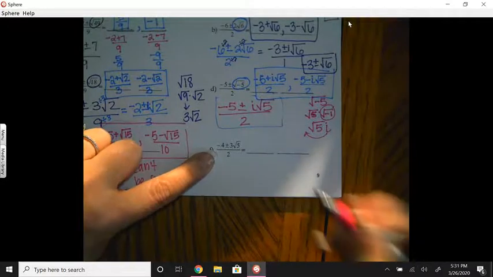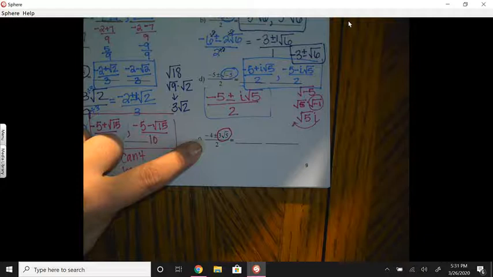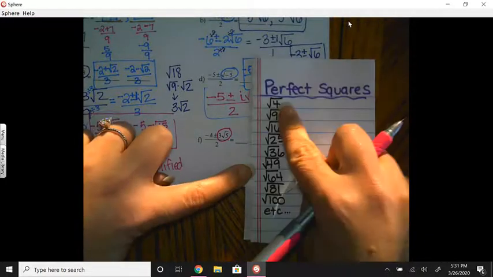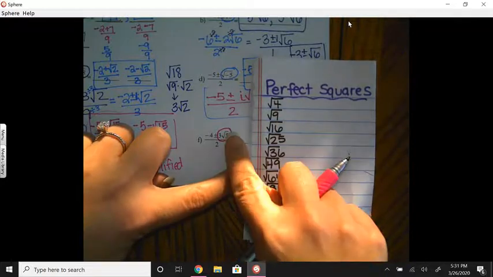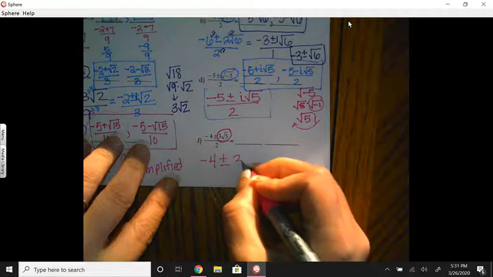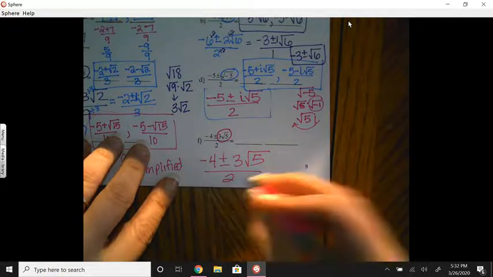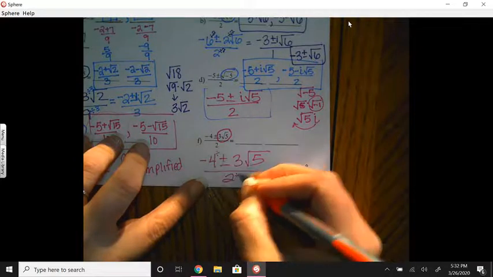All right, let's take a look here. So we're going to see if 3 rad 5 can be simplified. And there is none of these numbers here that can go into 5. None of our perfect squares can divide into 5, so that's already simplified. So then we have to check and see if there's a number that goes into 4, 2, and 3.